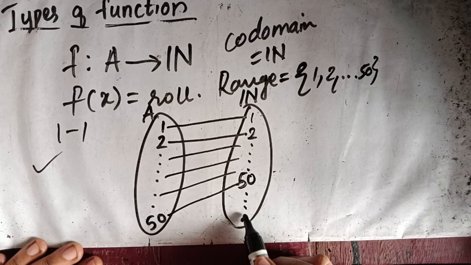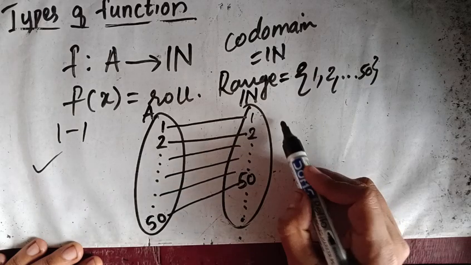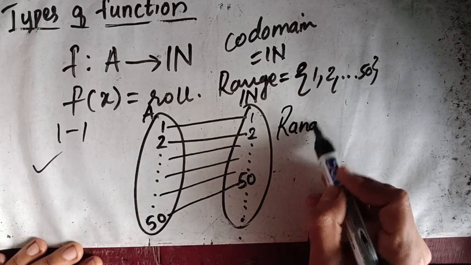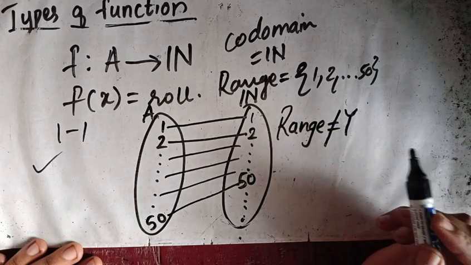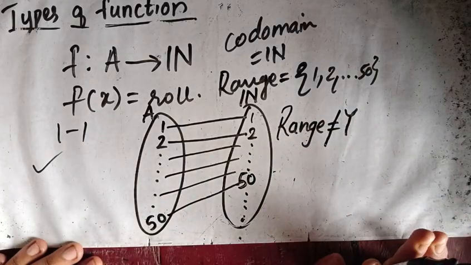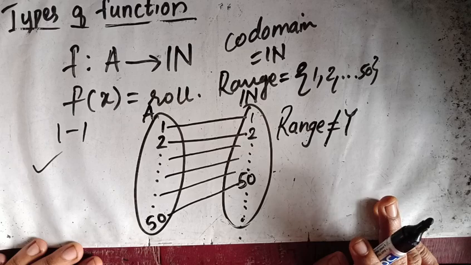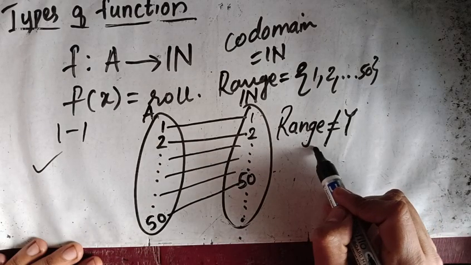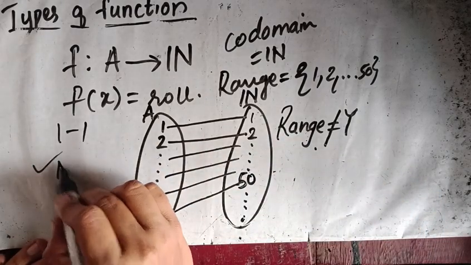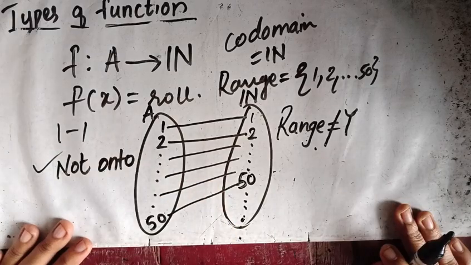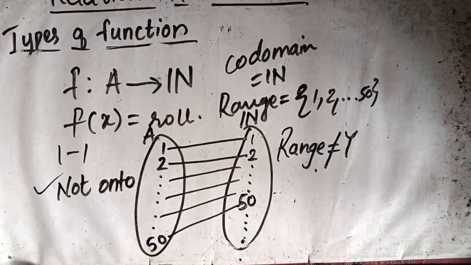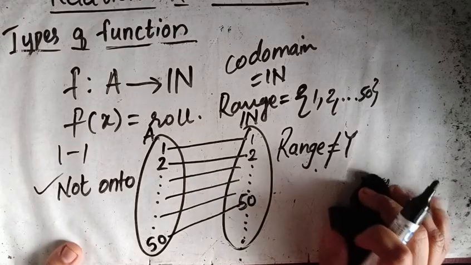These elements are left out. Okay, so we don't get range to be equal to the whole set Y. This is not possible. So we can say that it is not onto. Okay, I hope you understood the theory behind it.